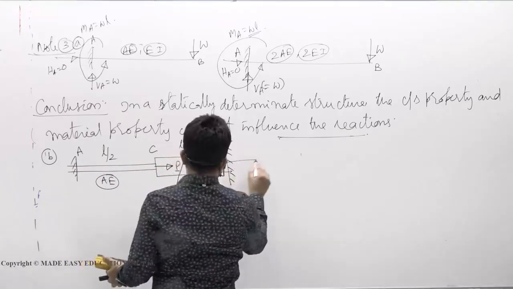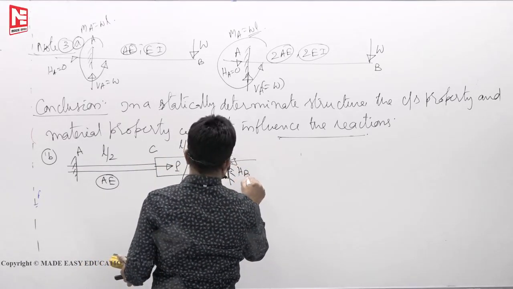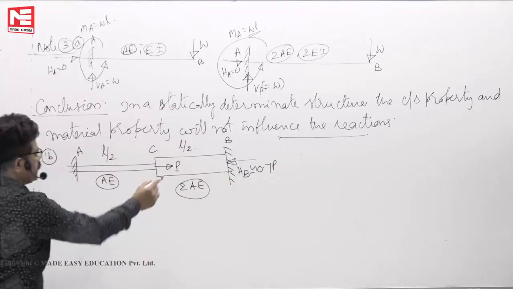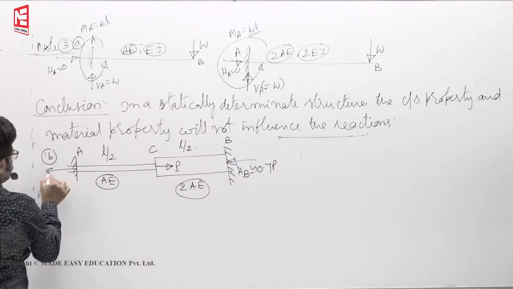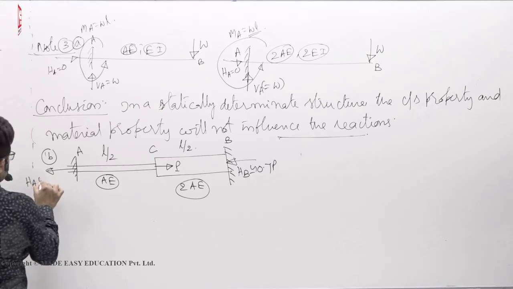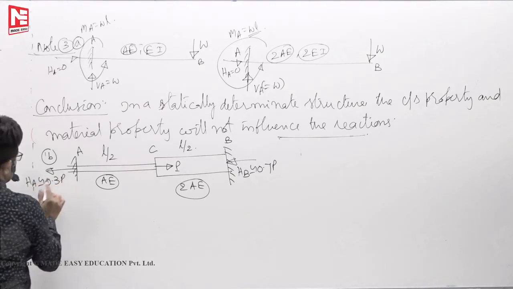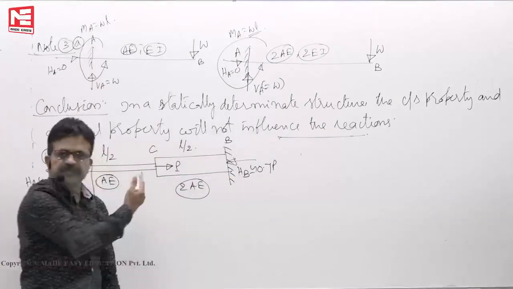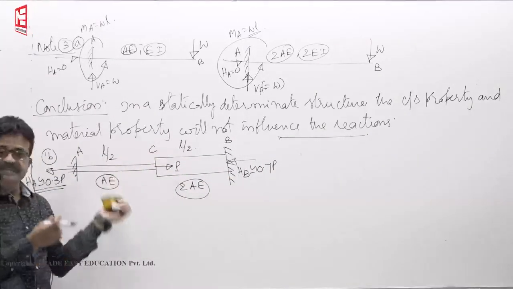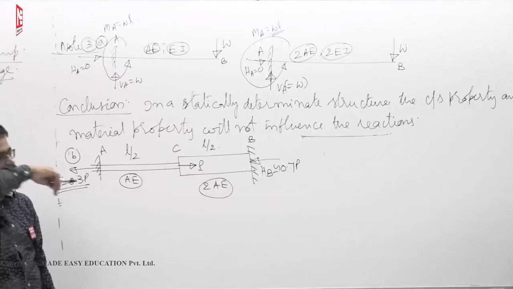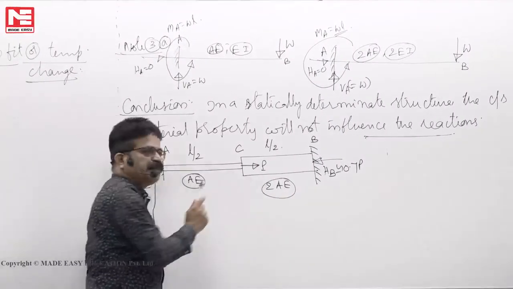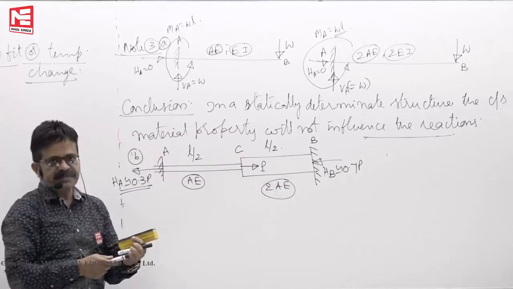So you have calculated, assume approximately 0.7 P. If this is 0.7 P, this will be 0.3 P. If it is the same, then 0.5, 0.5. Now reactions changed. So HA and HB magnitudes will depend on the material properties and cross-sectional properties.